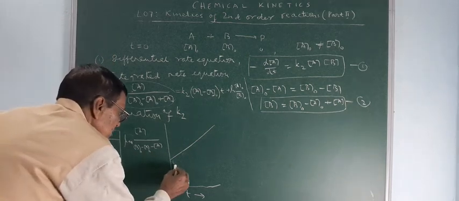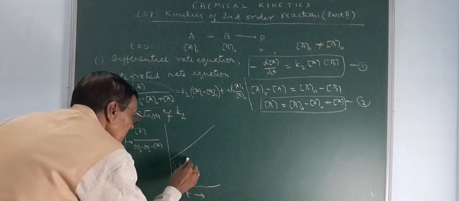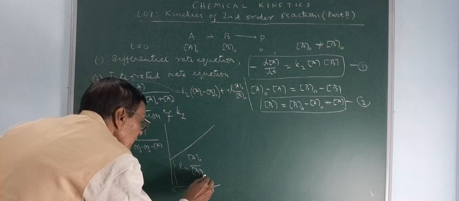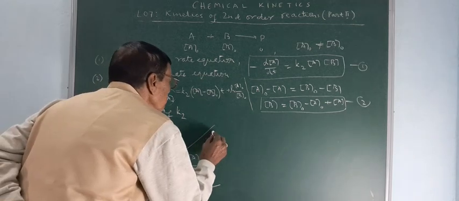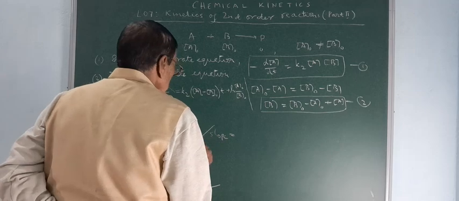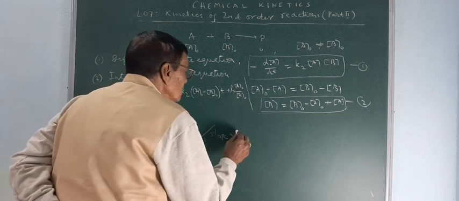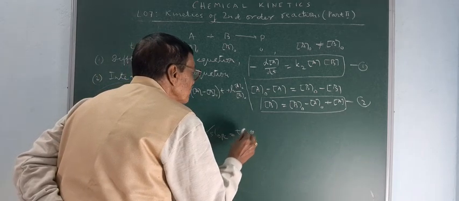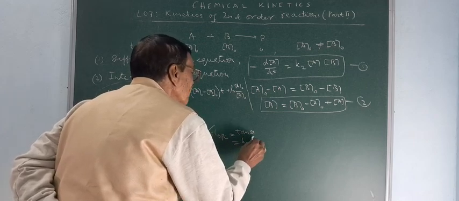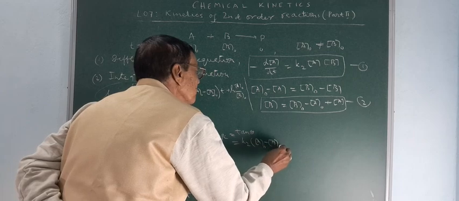The intercept will give you ln A naught by B naught, and the slope, suppose this is theta, so slope is tan theta, equal to K2 into (concentration of A naught minus concentration of B naught).